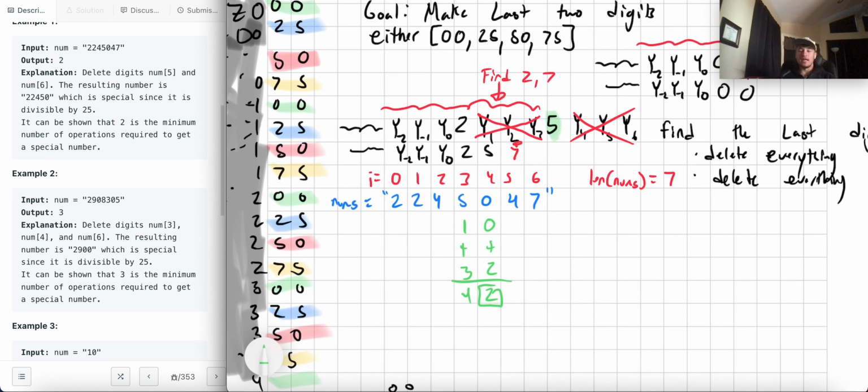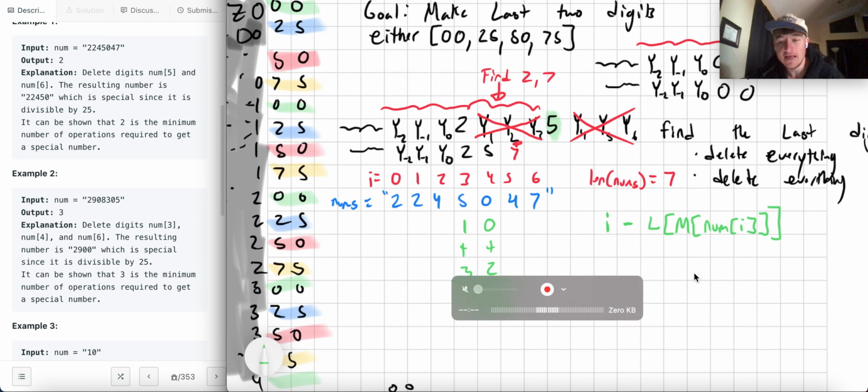Okay, so the relationship here is, if I have an I, I have to delete everything between I and the last time I saw the match of num at I. This is getting a little bit complicated, right?